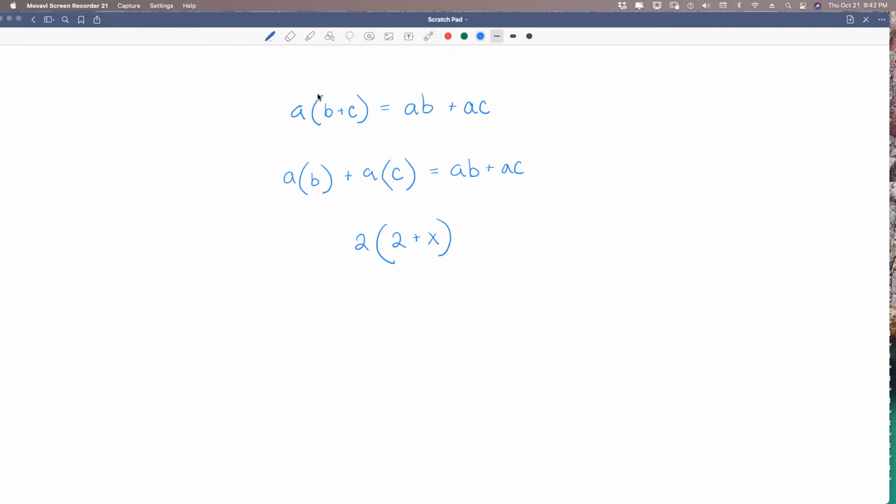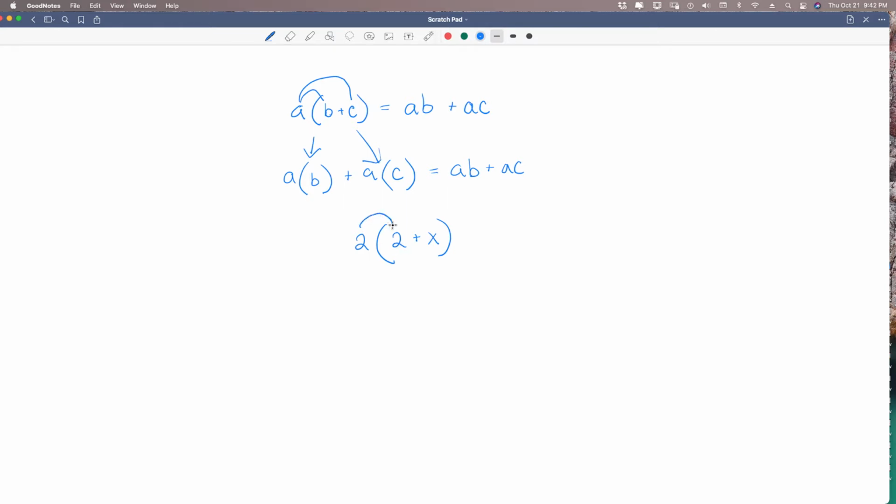We take a and multiply it times the first term, which gives us ab, and then a times the second term, which gives us ac. It's the same thing. To illustrate that a little bit more, let's take this polynomial and let's distribute it.